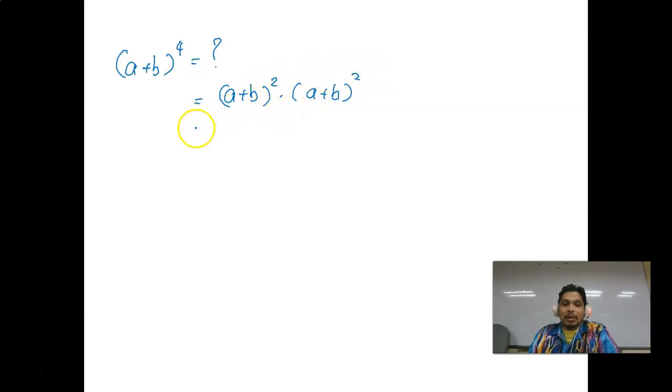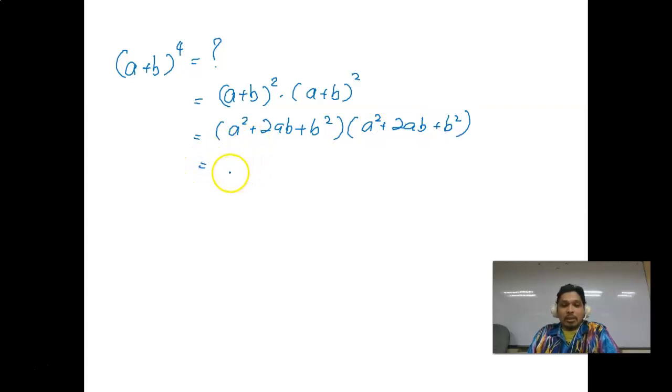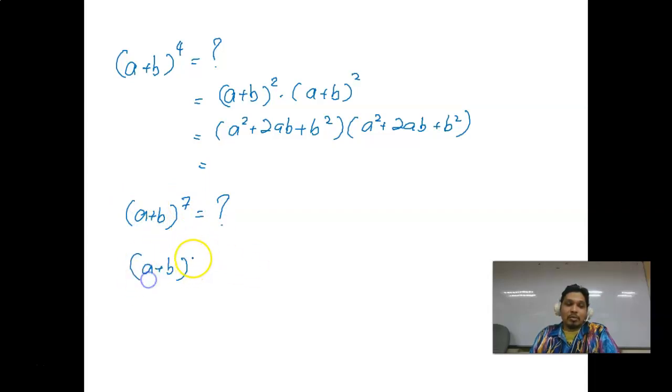The expansion of a plus b squared is a squared plus 2ab plus b squared, and then a squared plus 2ab plus b squared. You are going to expand it, which is long, and then simplify. So what about a plus b to the power of 7? What about a plus b to the power of 10? And so on.